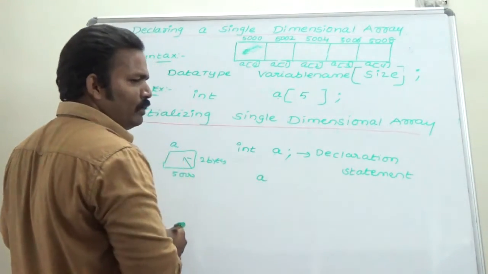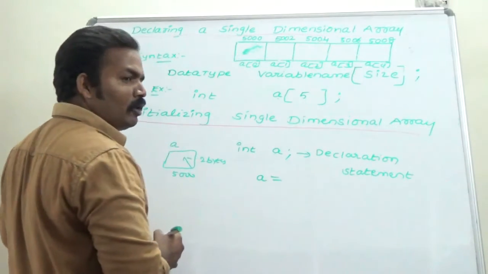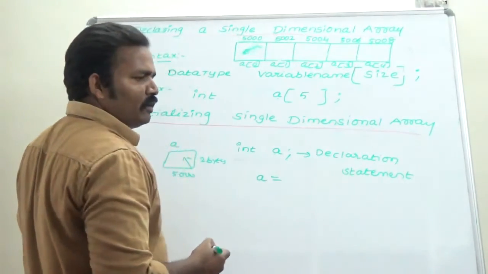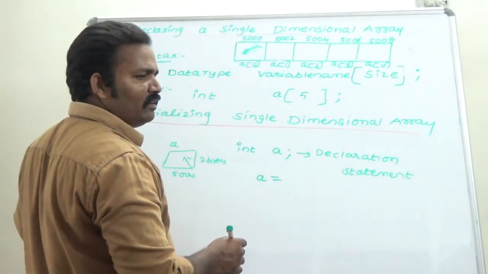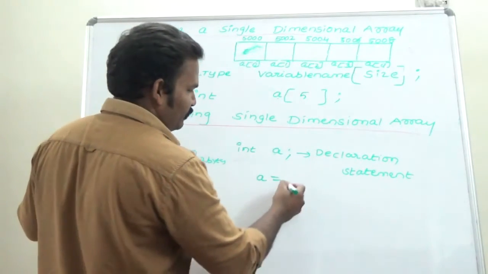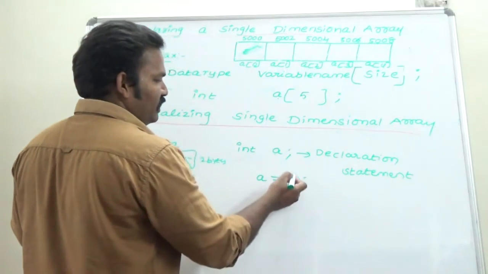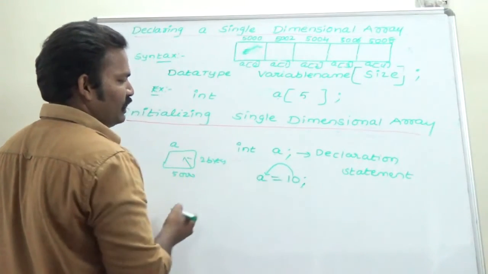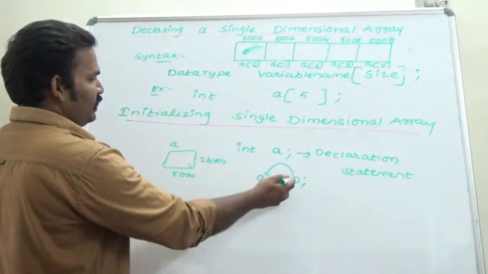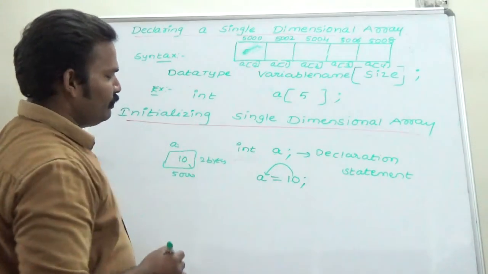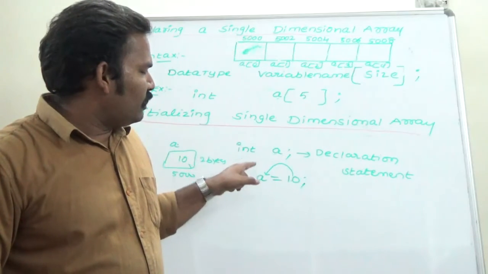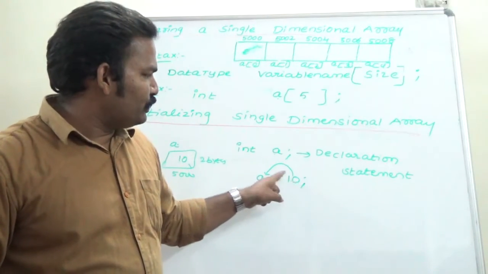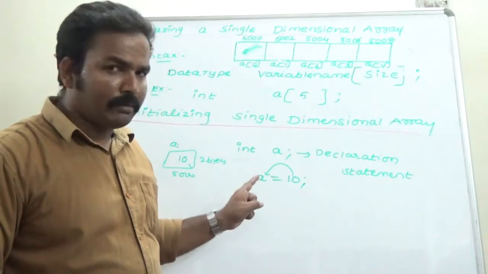First we write the variable name followed by the equal operator, then we specify the value or constant which we want to assign to the left side variable. Here we are assigning 10 to the variable, so 10 will be stored in the variable.